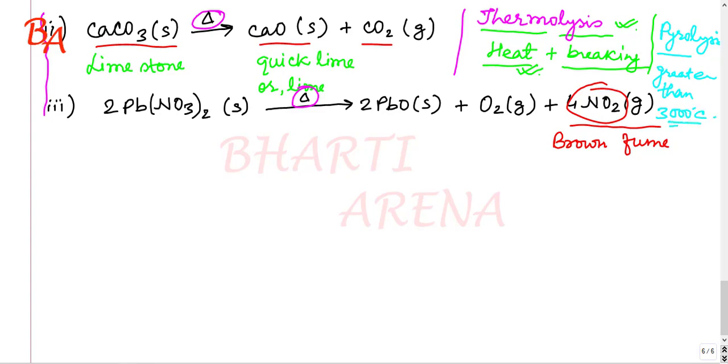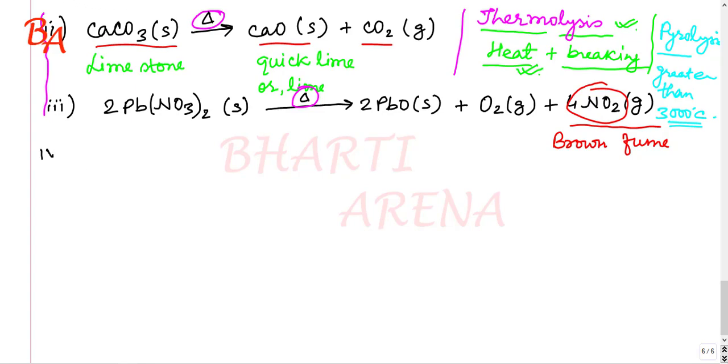So it would be a very high temperature. If the decomposition occurs at a very high temperature, then that type of reaction is known as pyrolysis. But if less heat is there, such as in these cases, then it is known as thermolysis.